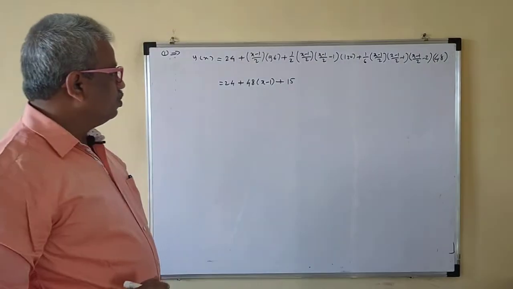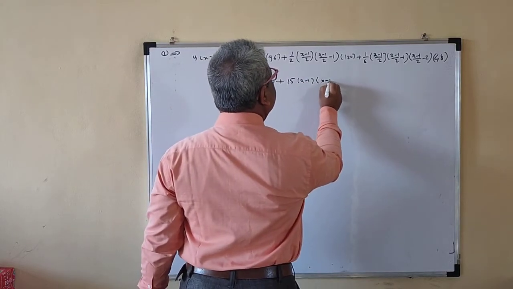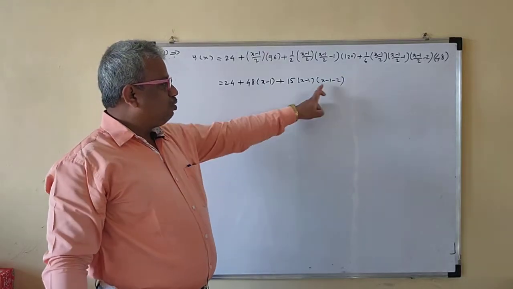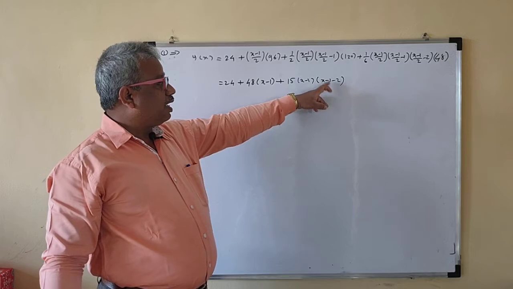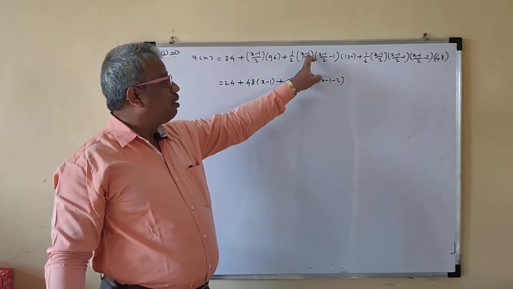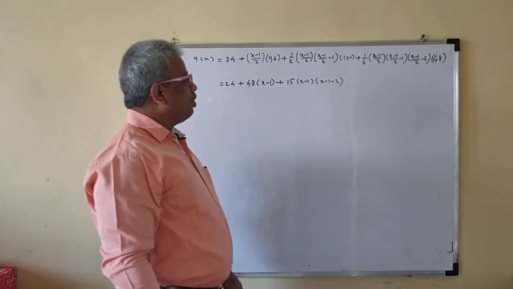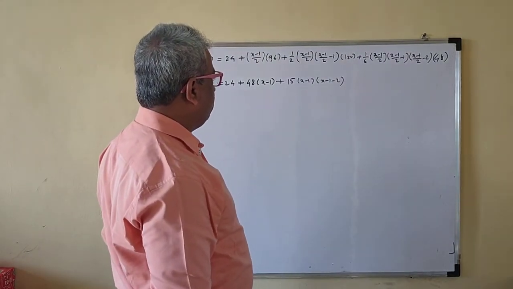Right? So now I can write this as x minus 1, x minus 1 minus 2, because we have taken these two common here. Minus 2 then. You have to multiply by 2. So you are taking 2 common from that, which means you have to multiply by 2 here. So minus 2. So this is 4, 8, so 15.